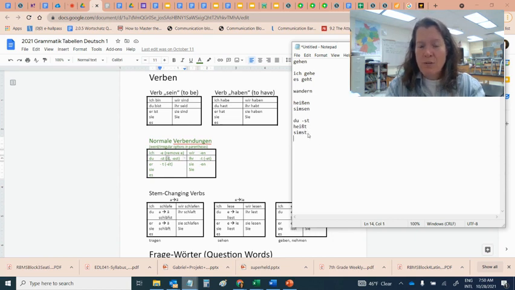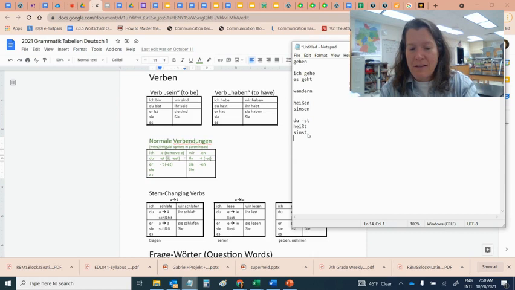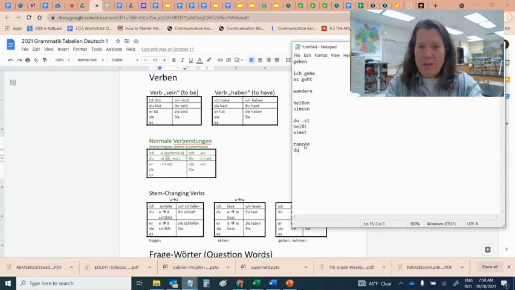Okay. This also goes for things that end in, here's one that's kind of weird, tanzen, to dance. Now, if you think about this, tanz, it ends in an S sound too, doesn't it? Tanz. So sure enough, in the du form, you don't add that. Du tanzt.